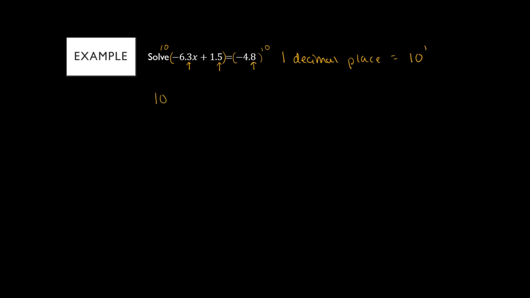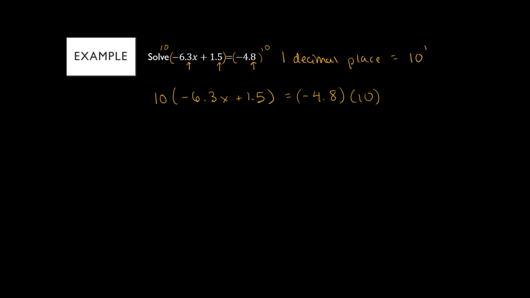So we write this as 10 with parentheses, negative 6.3x plus 1.5, equals negative 4.8, and then you're multiplying by 10. Everything gets multiplied by 10 because we want to get rid of one decimal place.